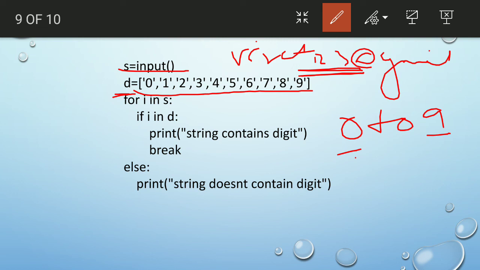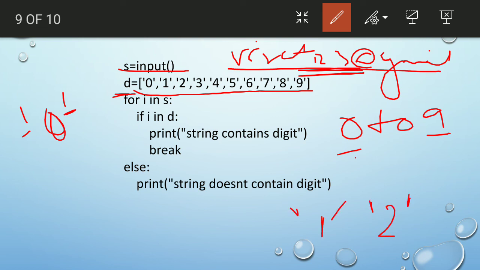Why did I define the digits in this format? Because the input is a string, so 1 is also in string format, 2 is also in string format. So let's check with that, whether it contains a digit or not. That's why we defined them as strings, in quotes.